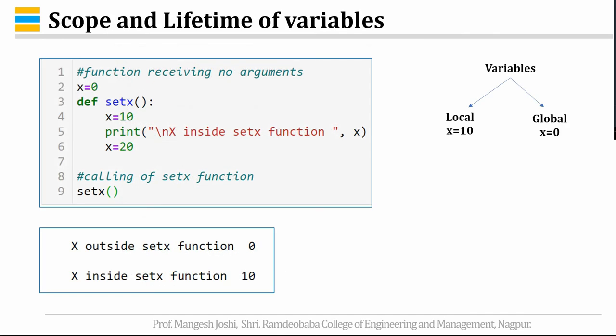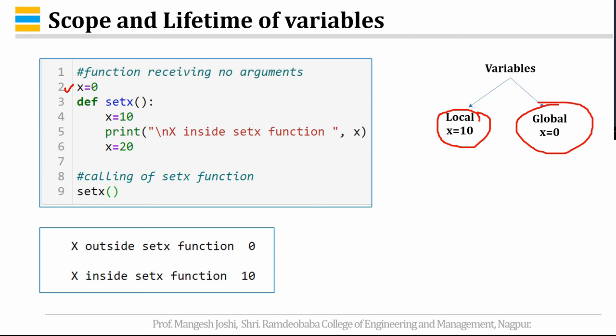Now, very important: scope and lifetime of variables. Basically there are two types of variables. One is called a local variable, the other is a global variable. To demonstrate this, let us see the program. I have defined x equals 0.